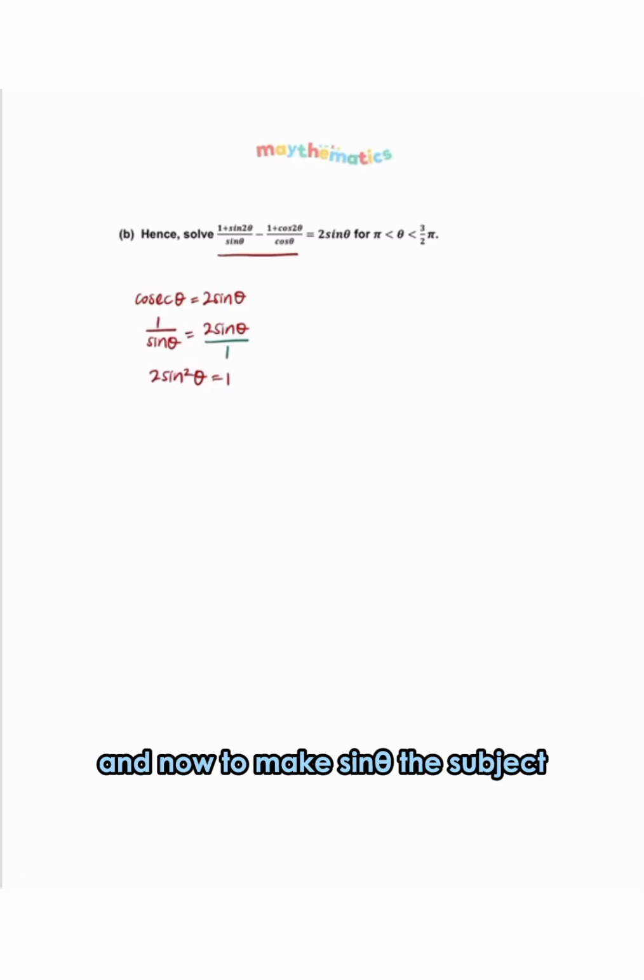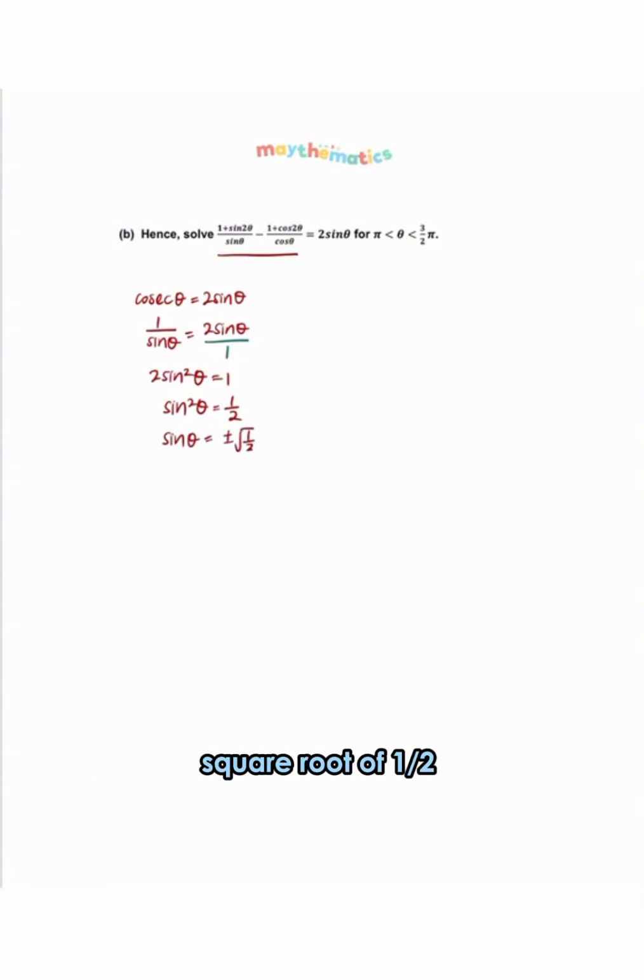Okay, and now to make sine theta the subject, I will first divide throughout by 2 to get rid of the coefficient. So we have sine square theta equals half, and sine theta will be equal to plus minus square root of half. Now, to determine whether I should take the positive or negative value, we need to consider which quadrant theta is in.